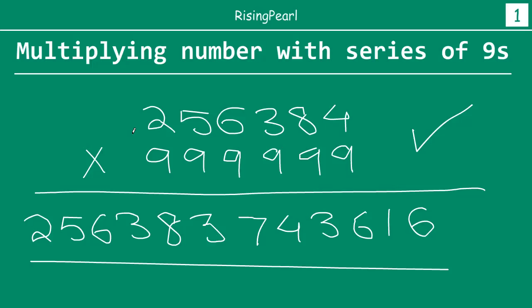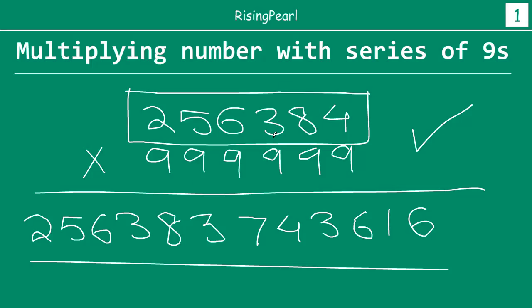So here we have a huge number that we really picked up from our imagination. And then we multiply this number with a whole bunch of nines, and look what we got. I absolutely encourage you to open a calculator or actually do this multiplication using the conventional method and see if this answer that I have come up with is indeed accurate. So let's find out how I did it.